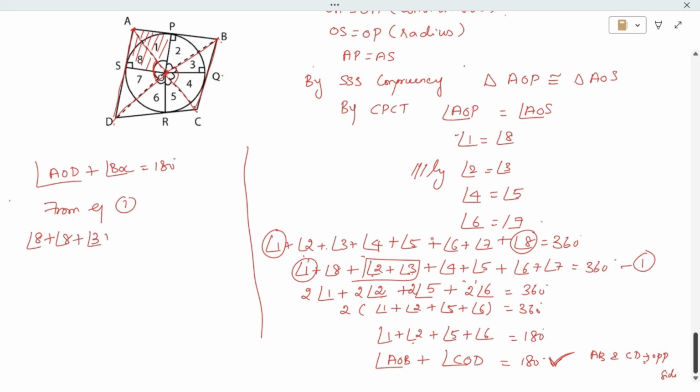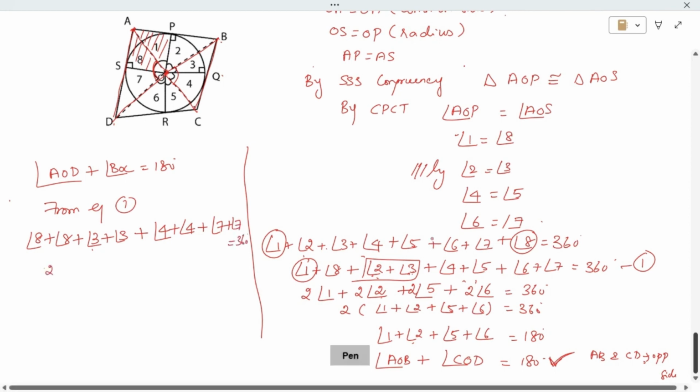Angle 2 and angle 3 are equal, so angle 2 I replace as angle 3, so angle 3 plus angle 3. Angle 4 is equal to angle 5, so I am replacing it as angle 4. Got it? And angle 6 and angle 7 are equal, so I am replacing it as angle 7, equal to 360.